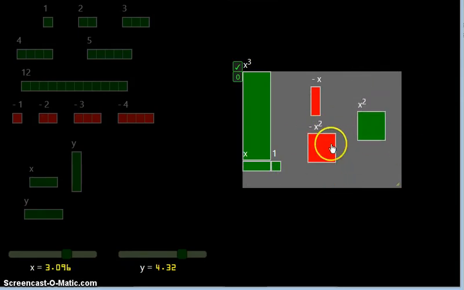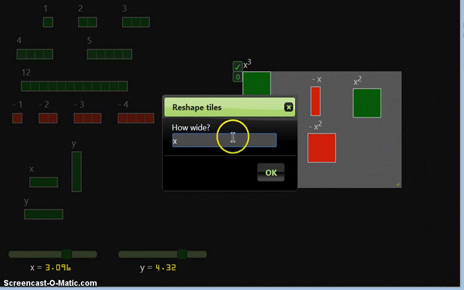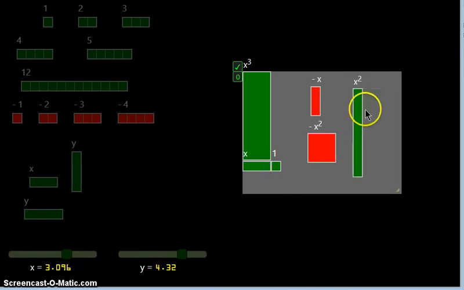And one of these will fit in this area if it were reshaped. This x squared is x by x, but I need to change it to a 1 by x squared, so I will reshape, and width will be 1, and now it fits in there perfectly.